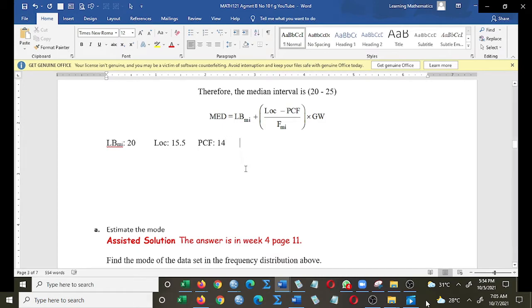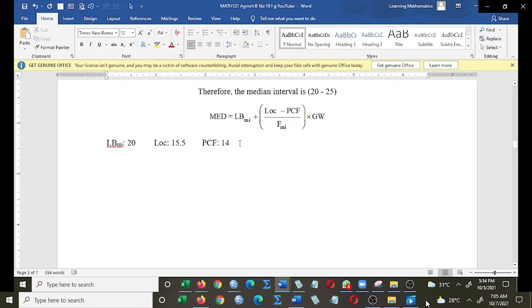What next? What do we need now? We have 1, 2, 3. We are missing 2 more. The frequency. The frequency of the median interval. Okay. One other word for interval is class.